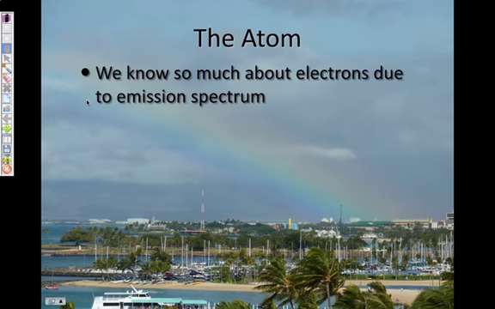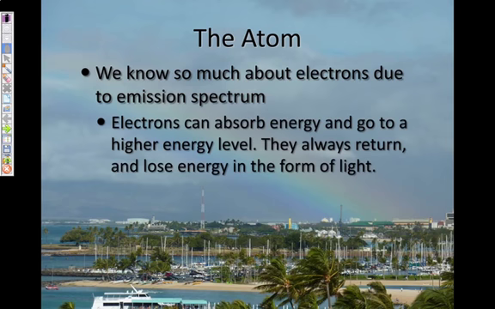So we know a lot about electrons due to the emission spectrum that we are able to see or that we are able to sense in other ways. And what the emission spectrum is, or is due to, is electrons that are absorbing energy. When they do that, they go to a higher energy level, but that's unstable for them, so they're always going to return to their original energy level.